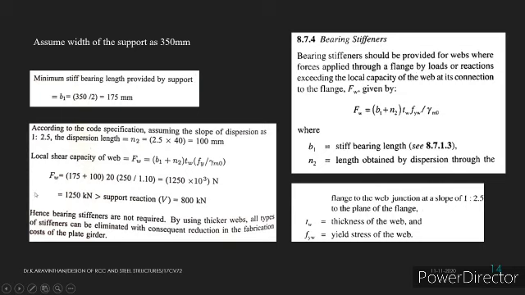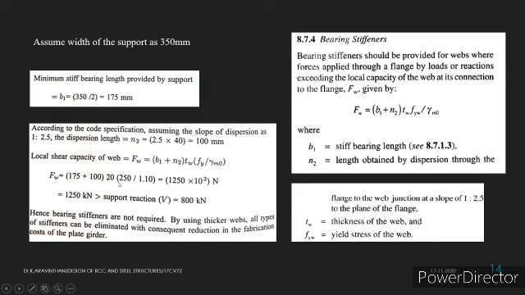So the local shear carrying capacity of the web will be: b1 is 175, the load distribution distance is 100 mm, the thickness of the web we know is 20, Fy is 250 and gamma m is 1.1.